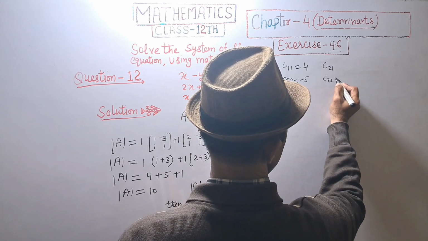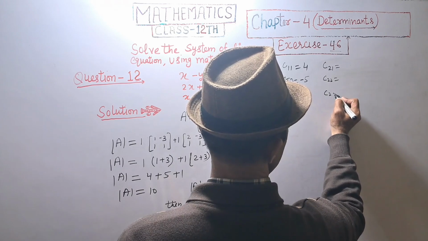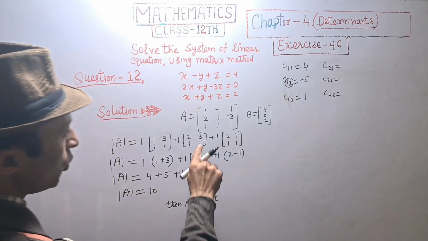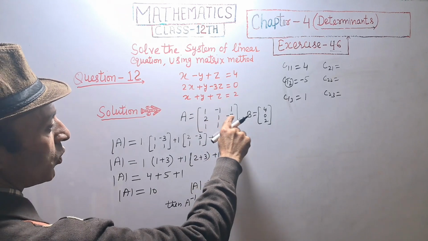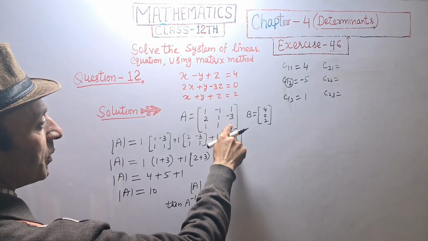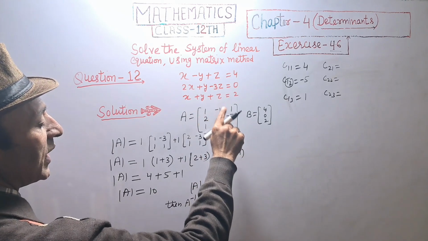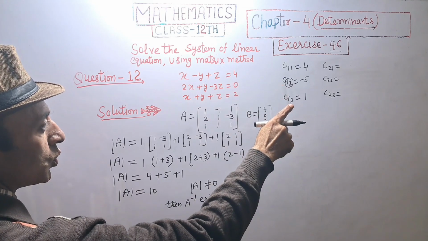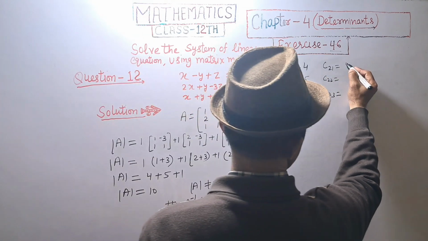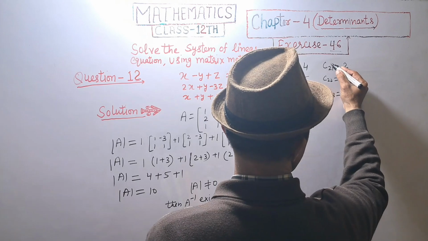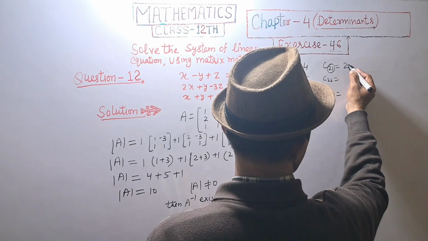And C21, C22, C23. C21 means second row, first column, -1, -1, that is -2, and this will be +2. Minus multiplied by minus is +2.